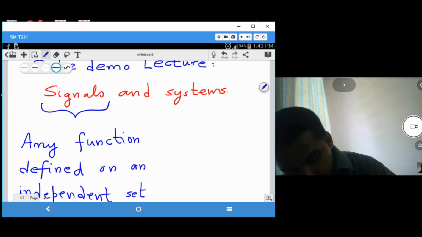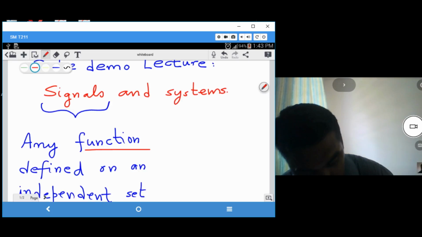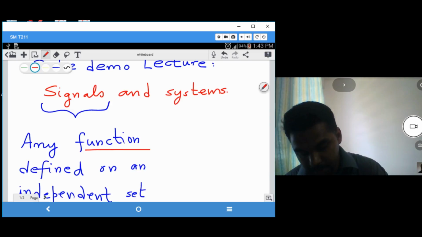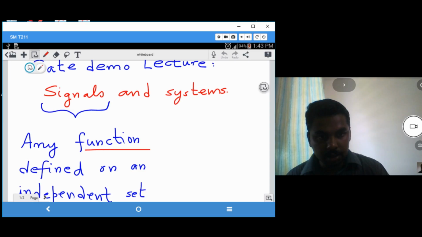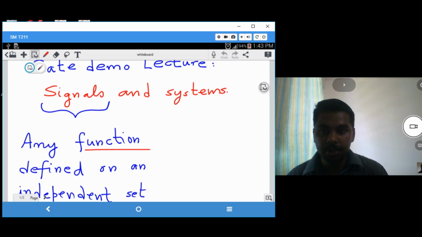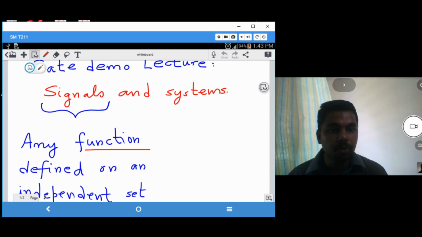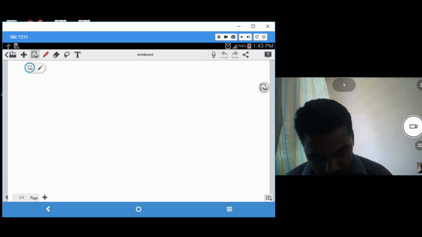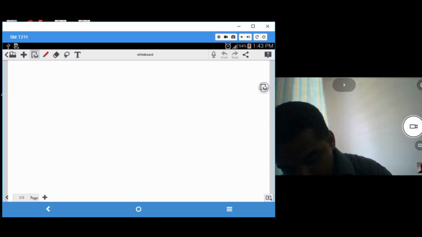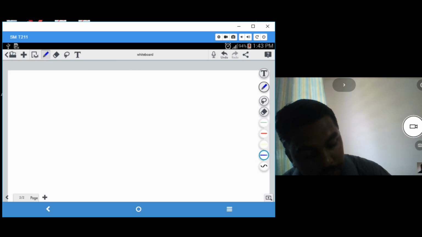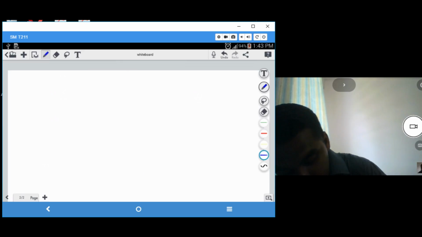Now let us pick up the first keyword of this definition, which is a function. All of you are familiar with what a function in mathematics means. A function is an entity which takes in some independent variable as its input, and it gives out a value corresponding to that particular independent variable. The simplest example from the electrical engineering point of view is a voltage signal or a current signal.